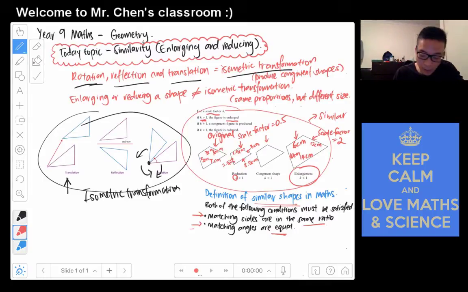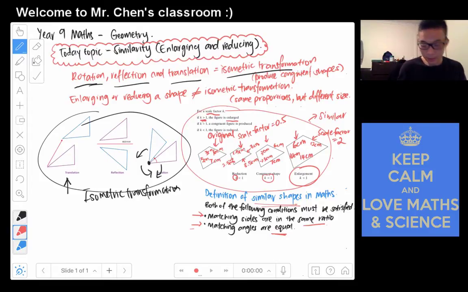And if K is 1, it means it is the original size, because it is not enlarged and it is not reduced. So everything will remain the same.